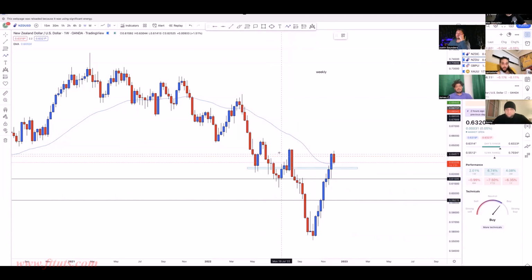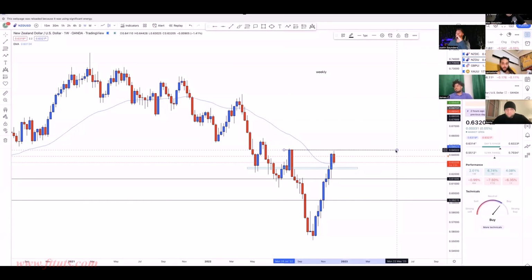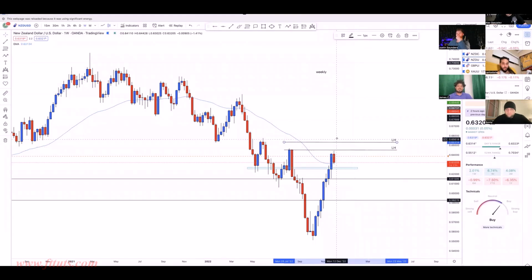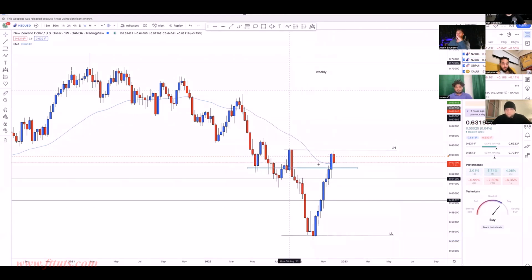Meaning if this is the lower high point, this is the lower high. And then if this is the lower low, we put it at the bodies.